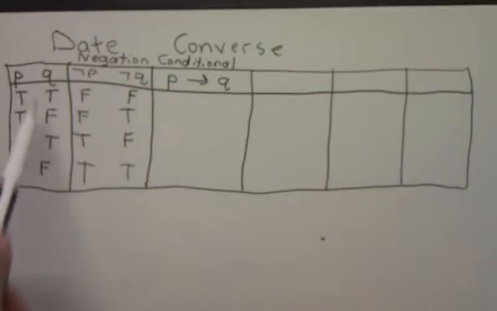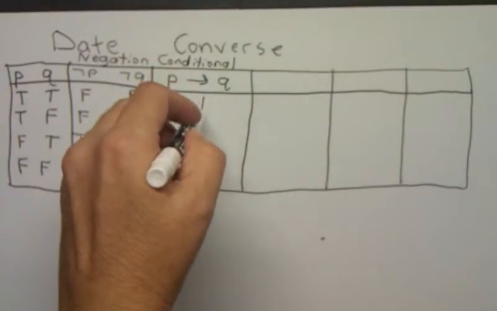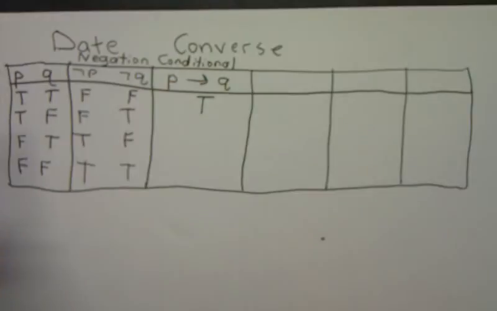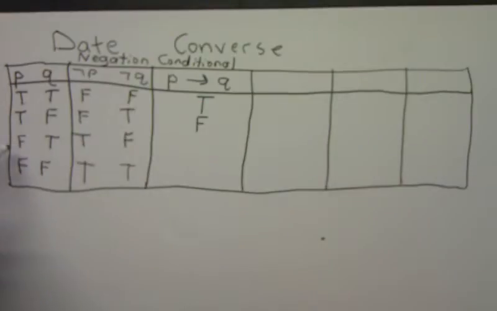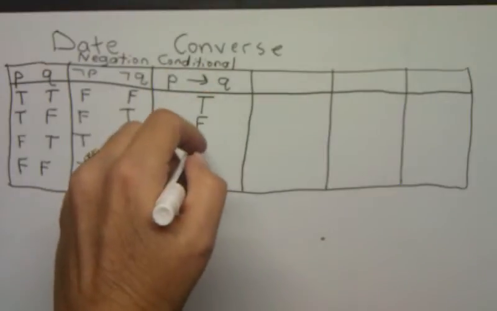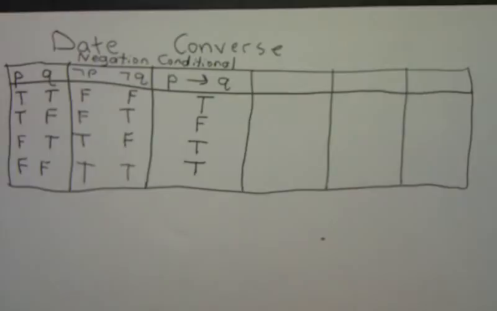This is our starting point. If P is true and Q is true, then our statement is true. If P is true and Q is false, our statement is false. If P is false, it doesn't matter what Q is. The statement is true.